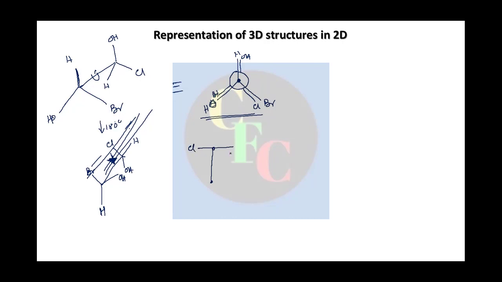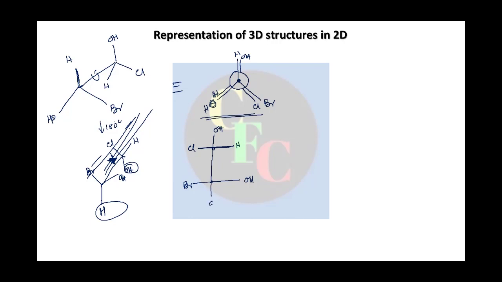Cl, it was above towards you, so they are on the horizontal lines, Cl and H. Similarly bromine and OH are towards you, so it is again on the horizontal lines. And this hydrogen and this OH was away from you, that means they are now on vertical lines.